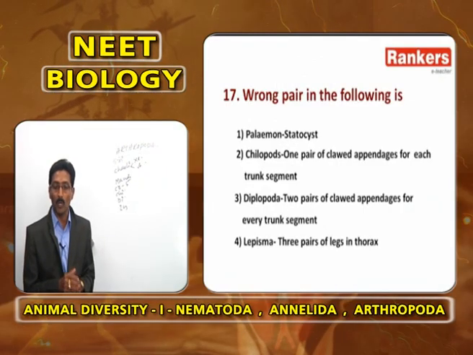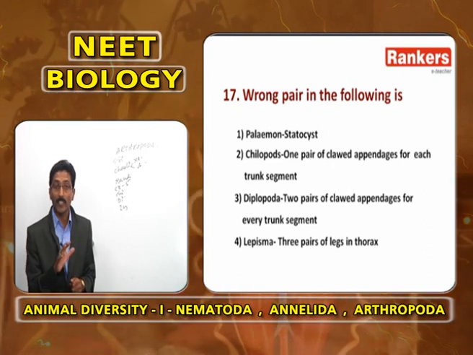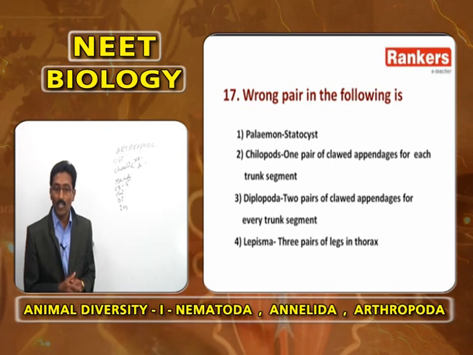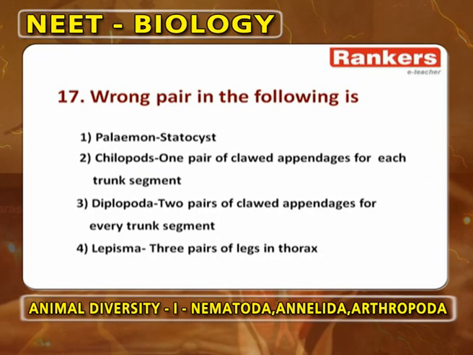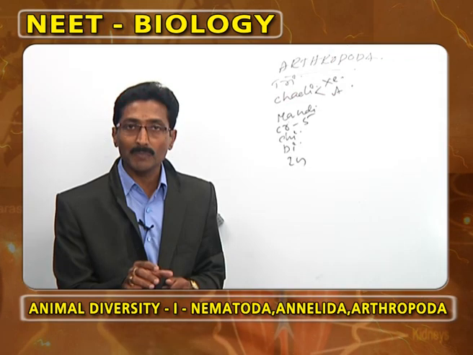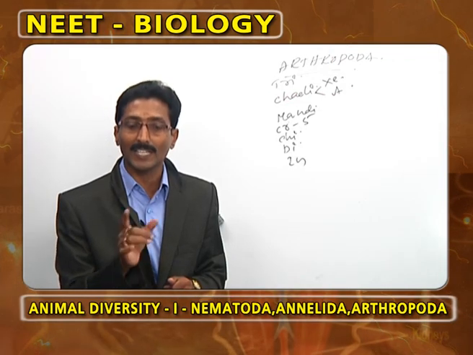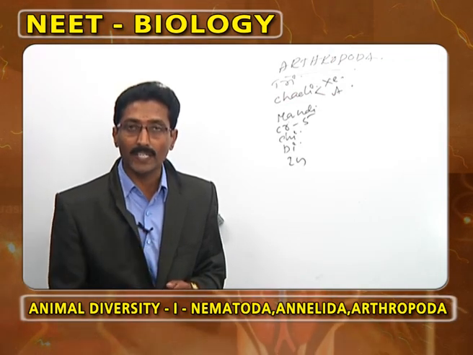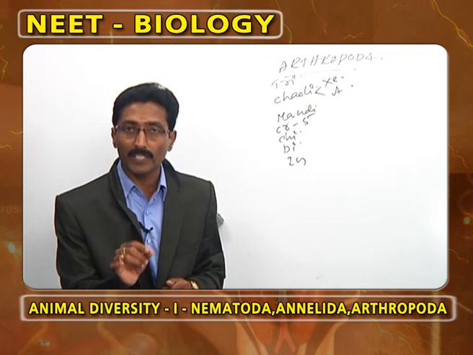Third one, Diplopoda: here each segment has two pairs of legs but without claws. So the third one, Diplopoda with two pairs of clawed appendages, is the wrong one. Fourth one, Lepisma: three pairs of legs in the thorax, that is correct because Lepisma is an insect and comes under the class Insecta. For this question, the wrong option is the third one.